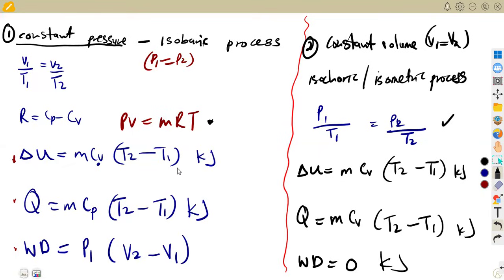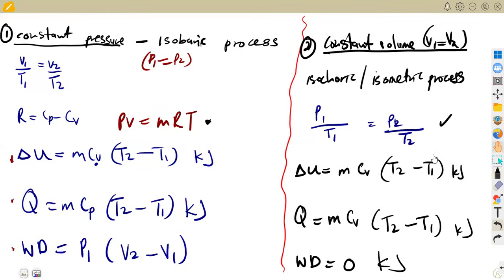So whenever you are given this, you need the formulas to apply when there is a constant volume, meaning we're talking about the isochoric process. When we have a constant pressure, the isobaric process, and also this part of the work done, they can be related.